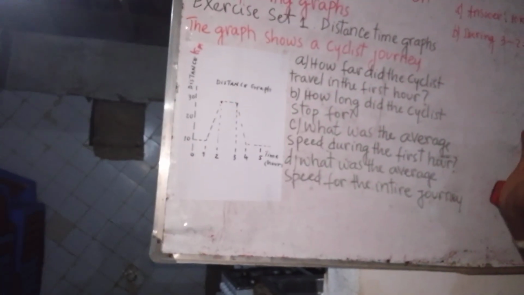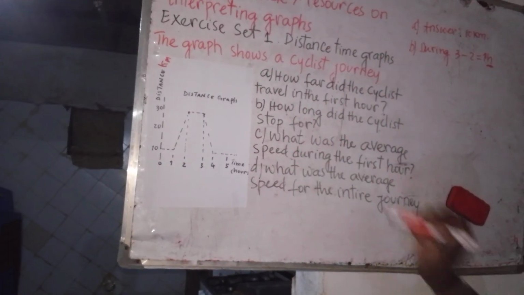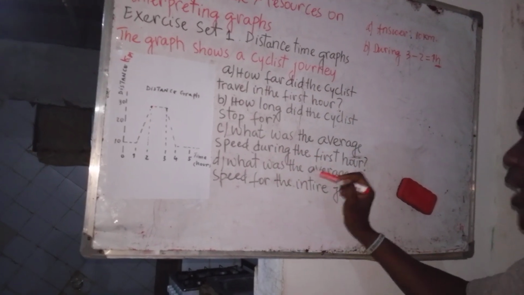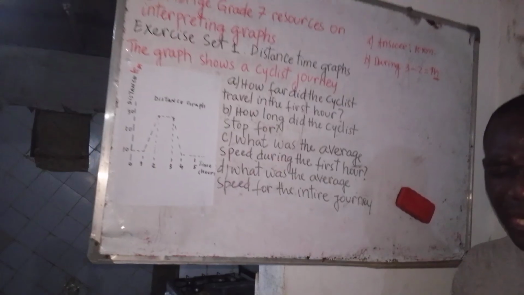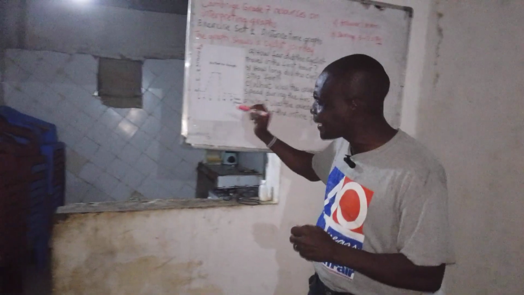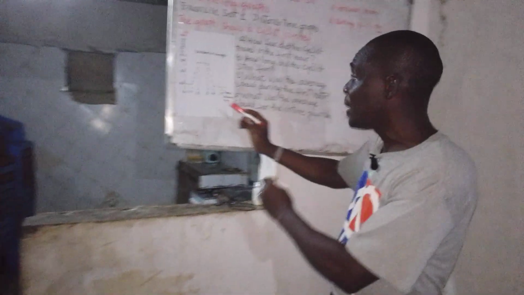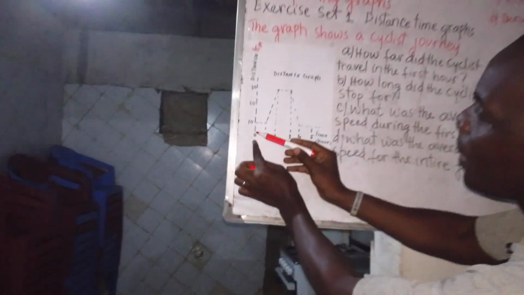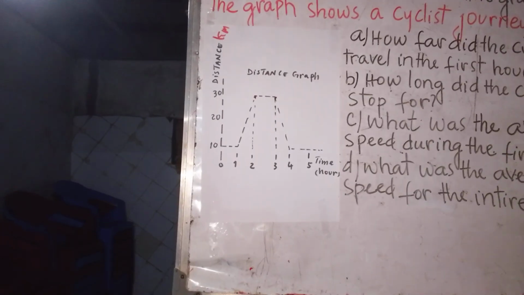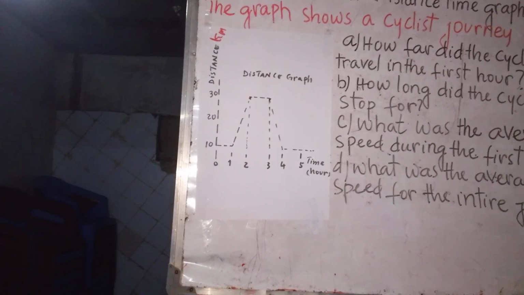Line B is done. Let's go to line C. What was the average speed during the first hour? We go directly to the graph and you see in the first hour, what's the average? Average speed is just calculated through a formula.